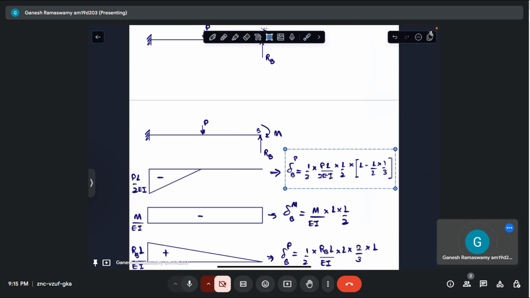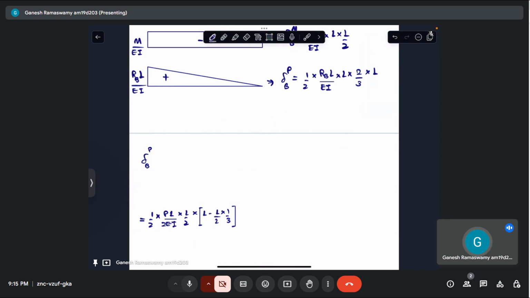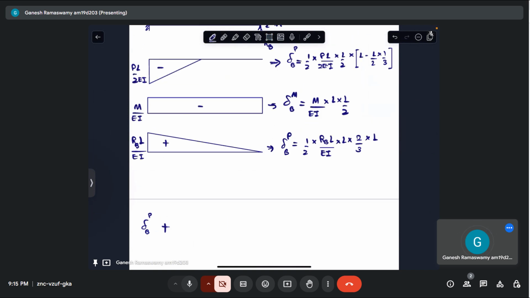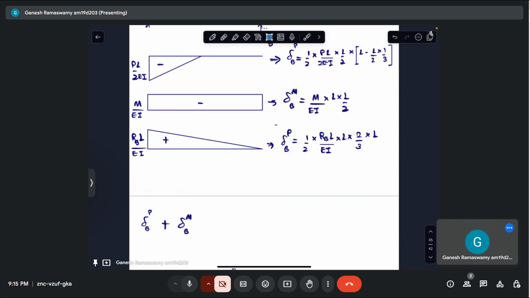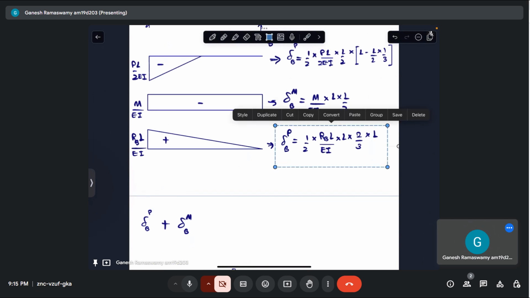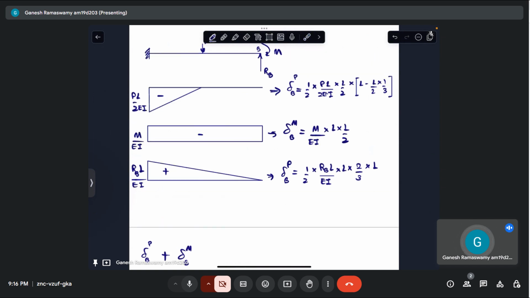So the compatibility states this plus this, and because here we have taken the negative, naturally the negative should appear here, minus, and this will be plus.